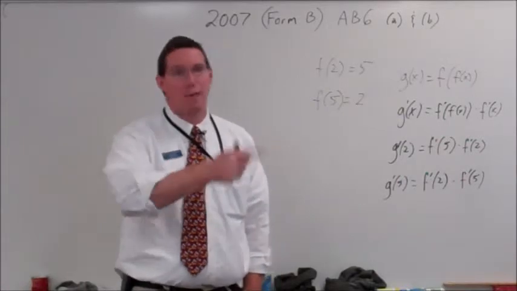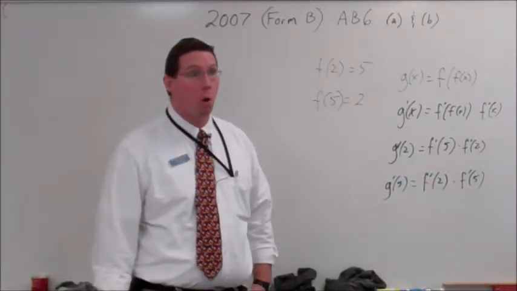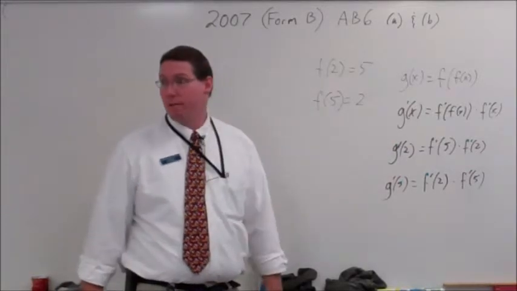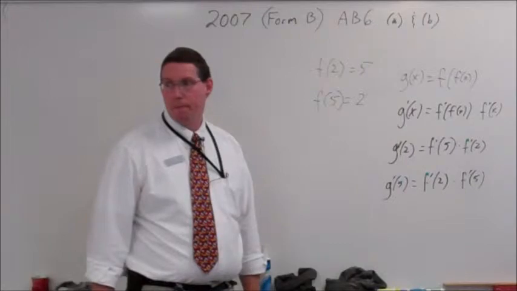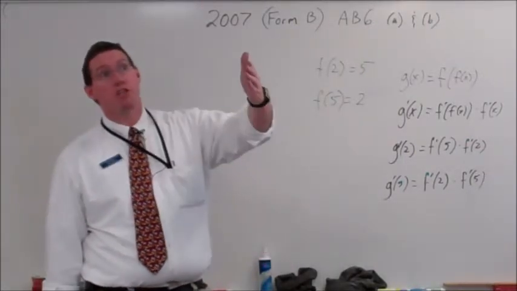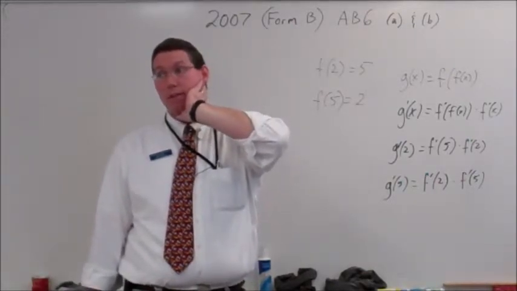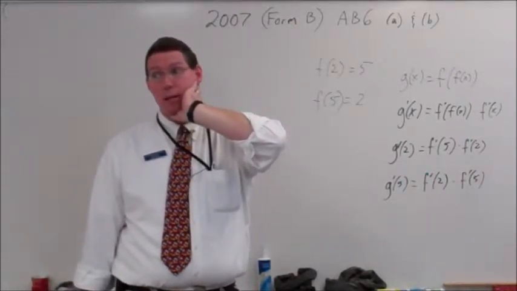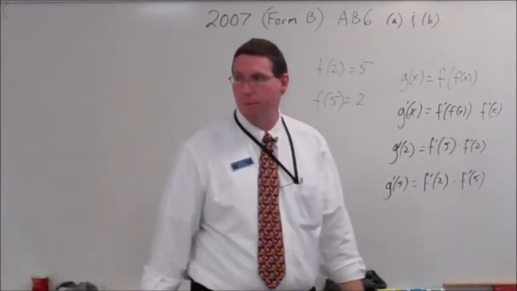It says show that g prime of 2 is equal to g prime of 5. We just showed it. Does that tell you that it's differentiable, or are you just assuming that? Well, we know it's differentiable because g is a function of f, and since f of x is twice differentiable, g of x is twice differentiable.